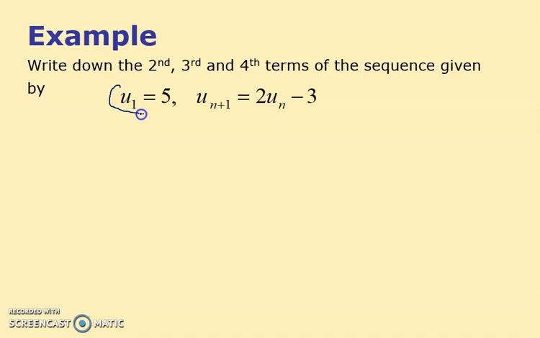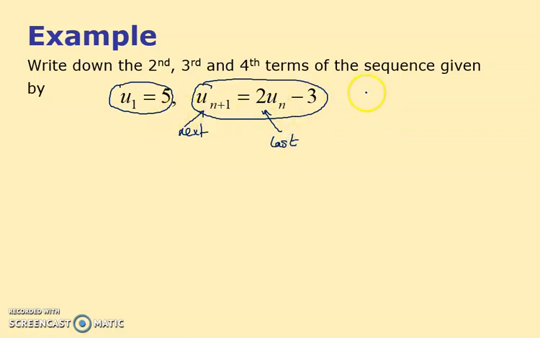Well, they tell us u1 equals 5, and they give me my formula. My formula says u(n+1), my next term, will be 2 lots of my last term, take away 3. So let's do this. u2 equals 2 times u1. What was u1? It was 5. Take away 3. So that's 10, take away 3 is 7.